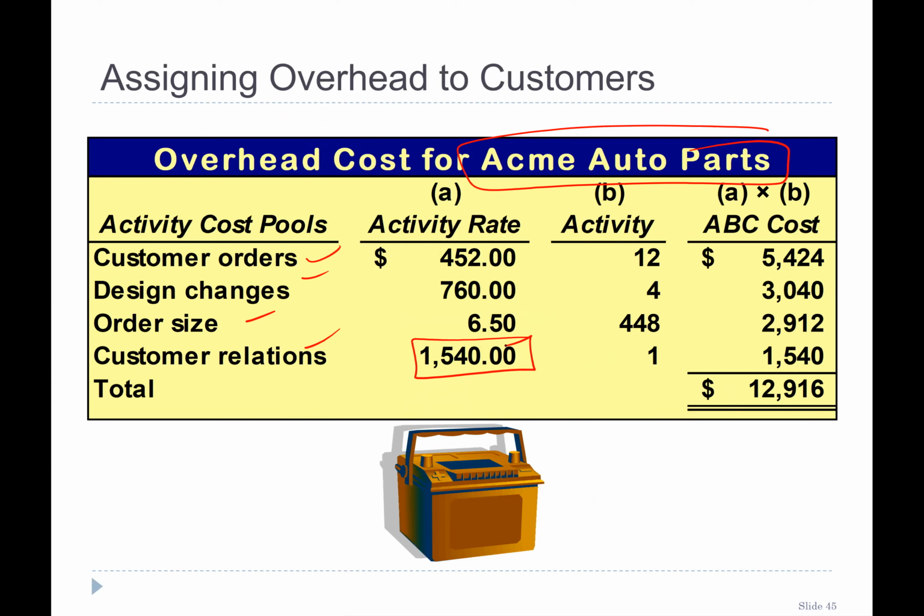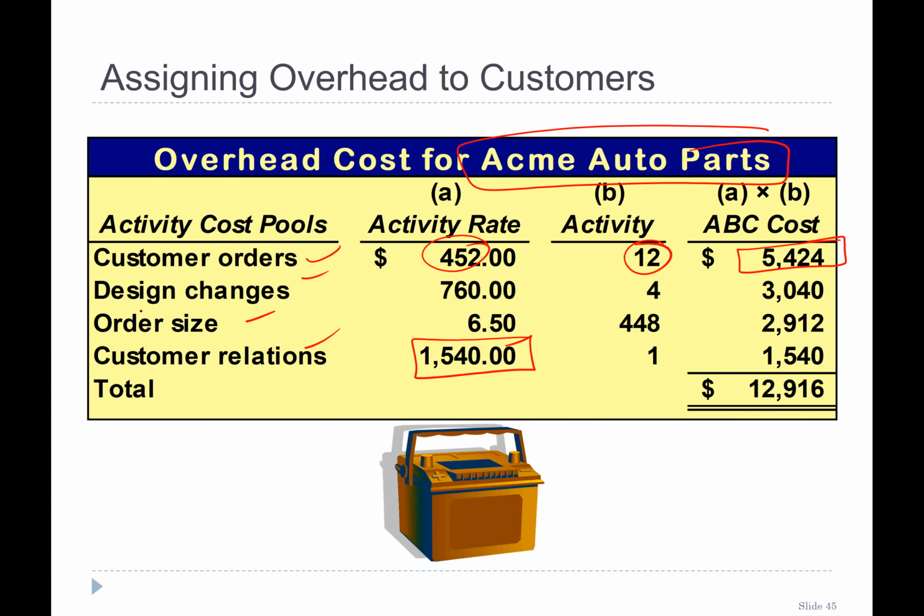Because we're talking about a particular customer. So for customer orders, 12 orders at $452 per order, our customer order cost is going to be $5,424.